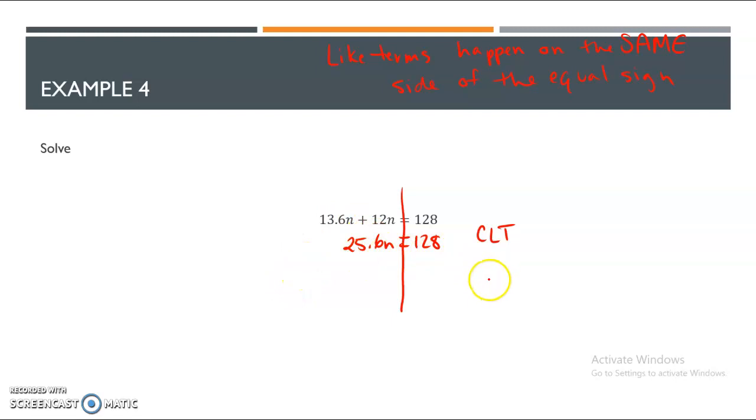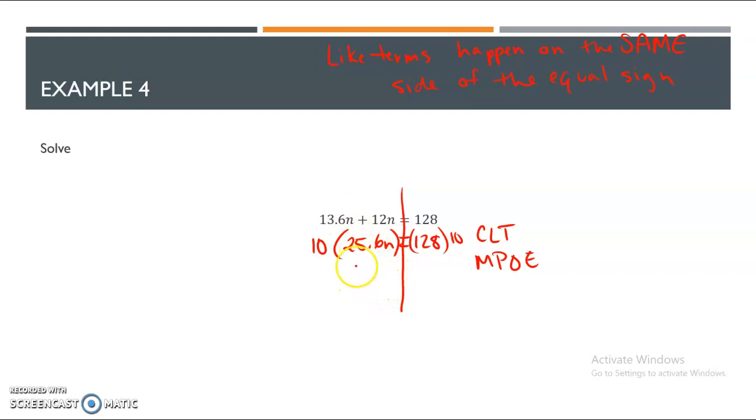I can divide both sides by 25.6, right? Or I like to get rid of the decimal. That's just the way Mrs. Cartwright works. And so I'm going to multiply. I only have one decimal, so I'm going to multiply by 10. But what I do to one side, I have to do the other. So multiplication property of equality. And again, this step that I'm doing right here is optional.